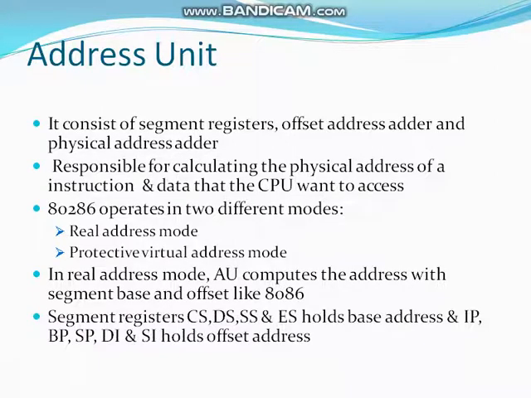Okay, so the segment registers, that is the code segment, data segment, stack segment, and extra segment, are responsible for holding the base address. The instruction pointer, base pointer, stack pointer, destination index register, and source index register are responsible for holding the offset address.